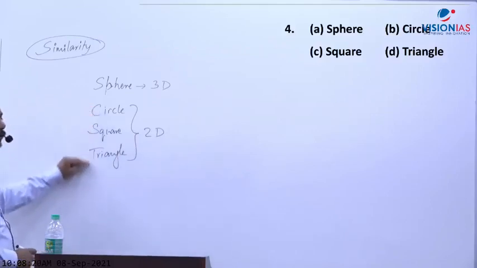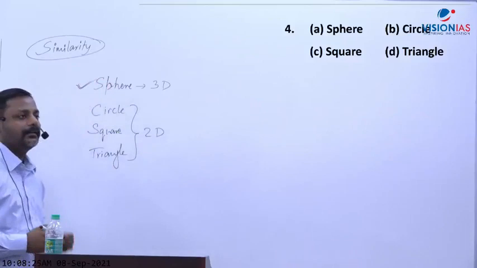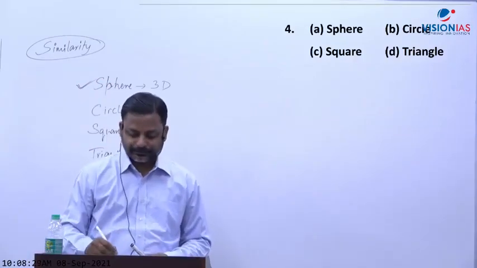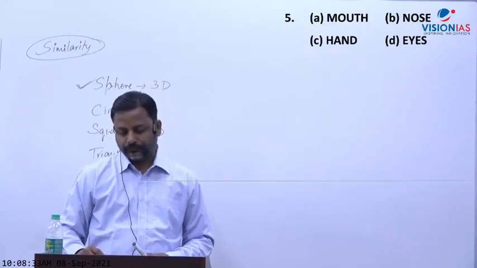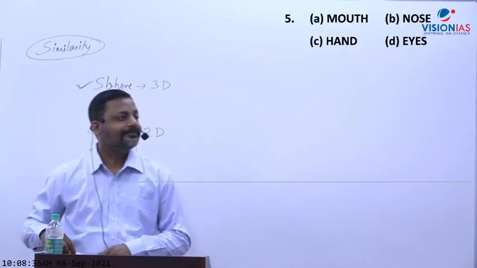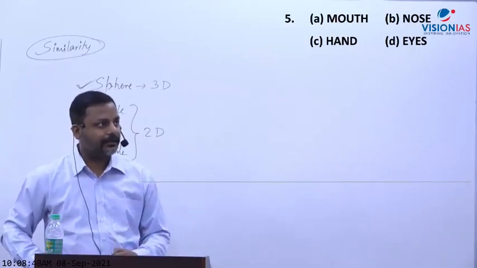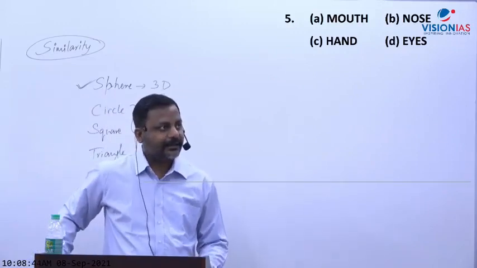So these three are two-dimensional figures and sphere is not a two-dimensional figure. That's why sphere is odd. Yes, sphere has volume because sphere is a three-dimensional figure. Yes, Prashant.